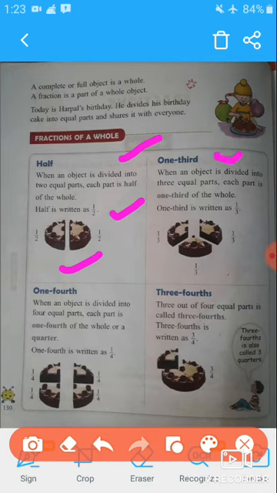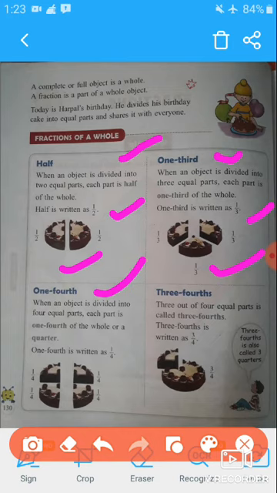Now 1/3. When an object is divided into three equal parts, each part is 1/3 of the whole and 1/3 is written as 1/3. Students, here this is the fraction of 1/3, or you can say that this is 1/3 of the whole. Now next is 1/4.